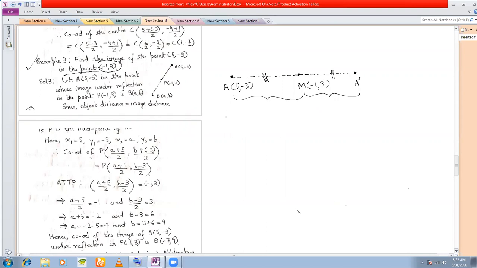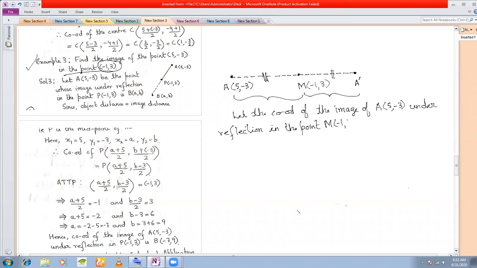So what I do here is I say, let the coordinates of the image of A 5, minus 3 under reflection in the point M, minus 1, 3, be AB.